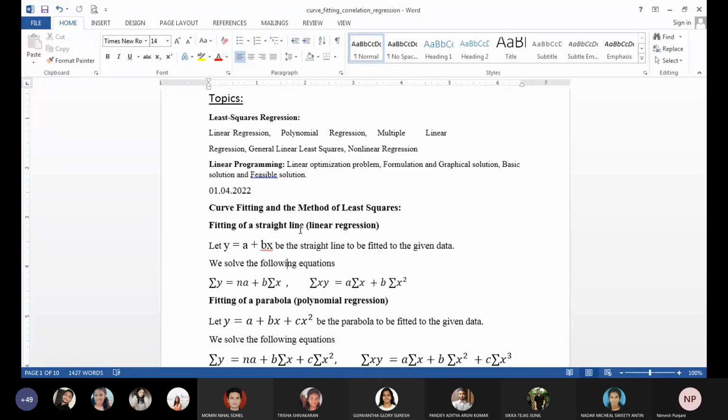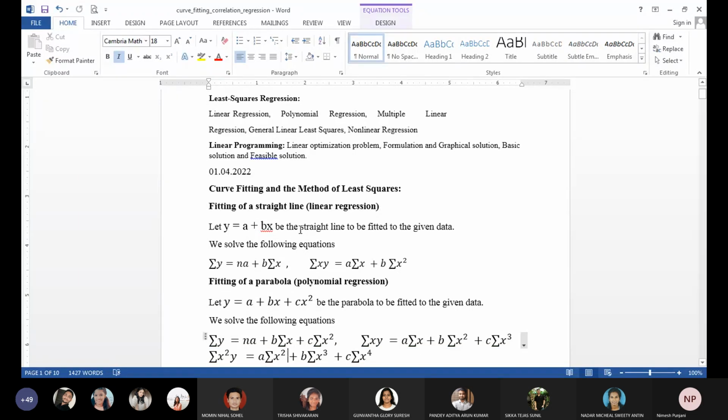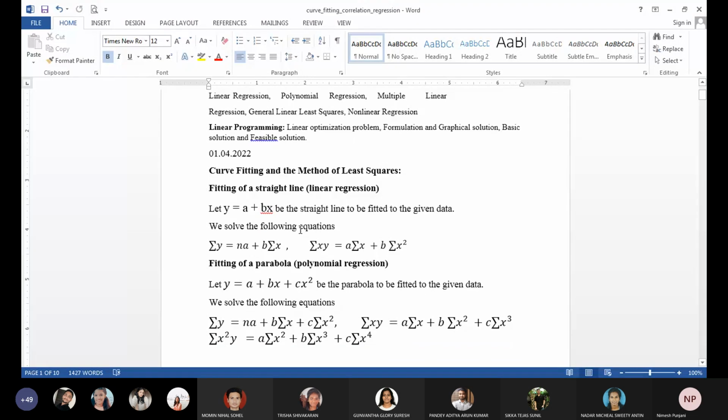Okay, the general equation of a parabola is of the form y equals a plus bx plus cx square. See, you would have seen the equation of the parabola as y square equals 4ax or x square equals 4ay, right? That is a specific parabola. Here we are dealing with the general second order equation.